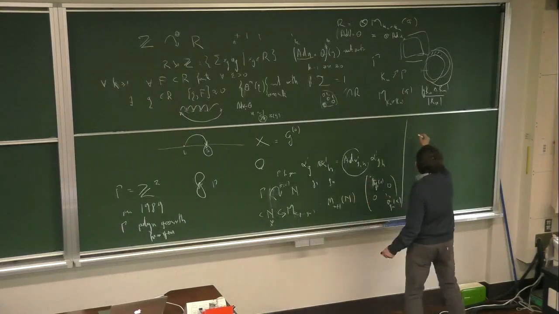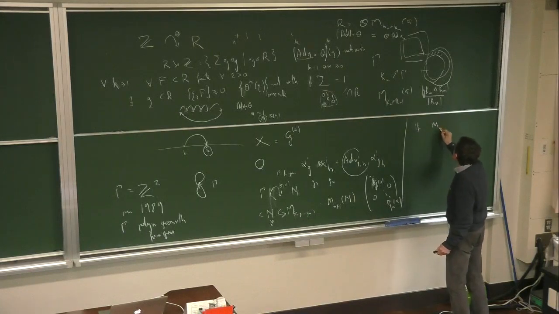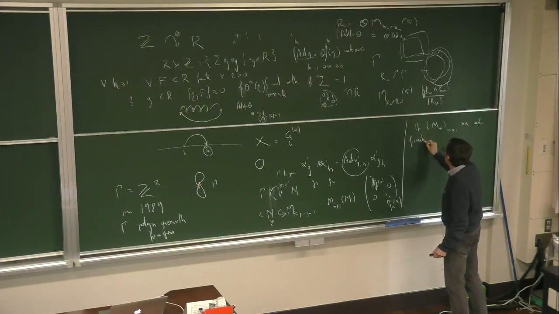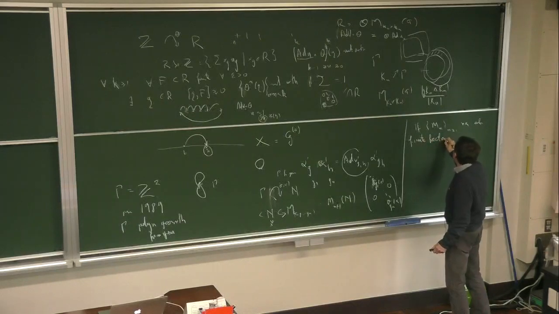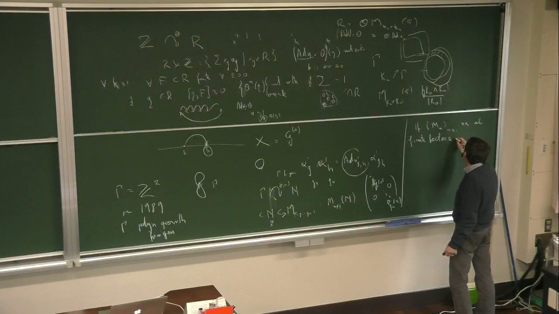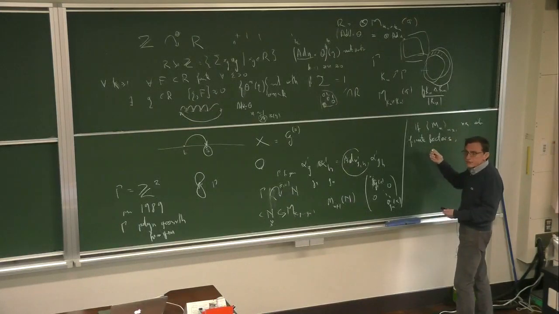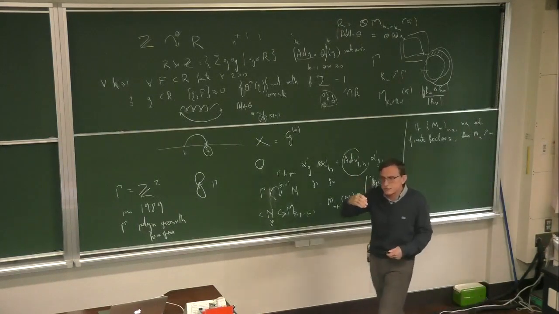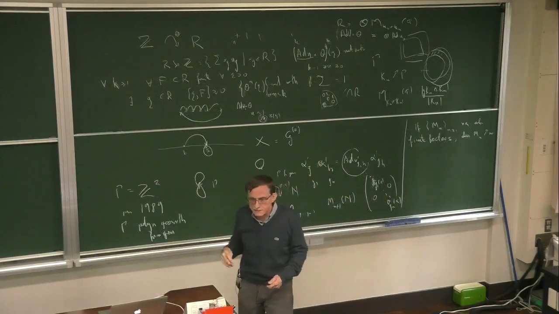So if Mn is a sequence of finite factors, they can be II1 factors or k by k matrices, each one of them. And because I want to get some interesting things, say these are matrix algebras where the dimensions could go to infinity. I don't want to take constantly just 2 by 2 matrices.